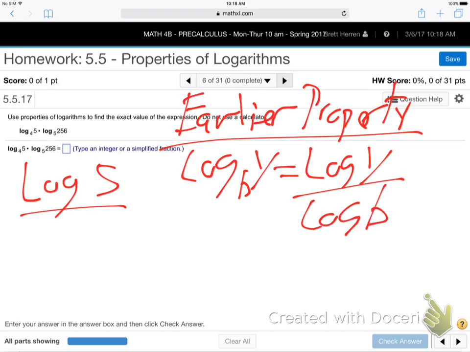So I hope you don't confuse that property with the other 3. You see what's going on there? We have those 3 that I just wrote a minute ago that said adding becomes multiplying, subtraction becomes divide, and powers come to the front. There's those 3. And then there's this one that we had a week ago, 2 weeks ago, where the high goes high and the low goes low, right? 1 log can turn into 2.